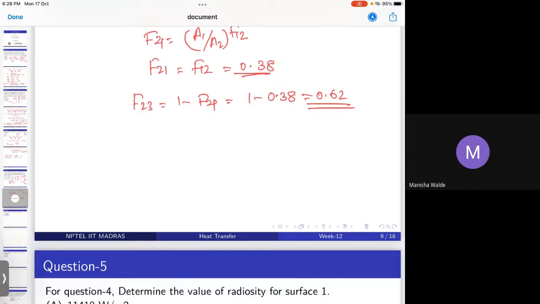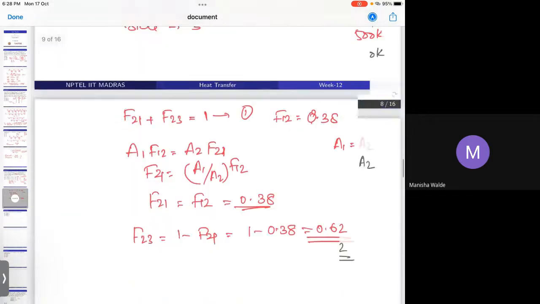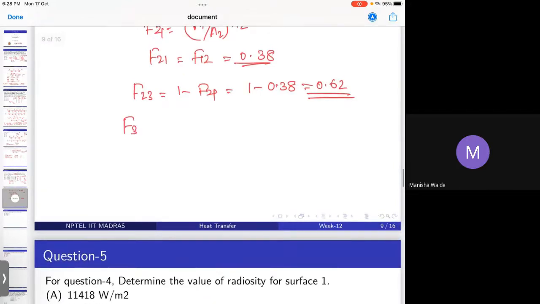So for calculating F31, F31 plus F32 plus F33 will be equal to 1. But F31 and F32 will be the same because of symmetry.